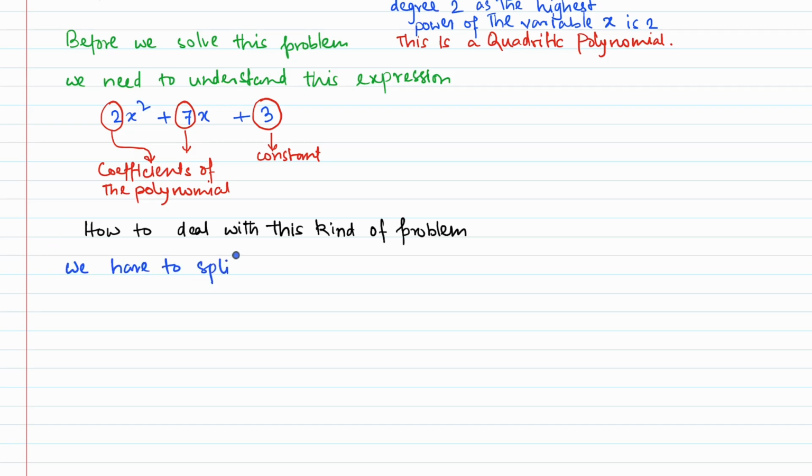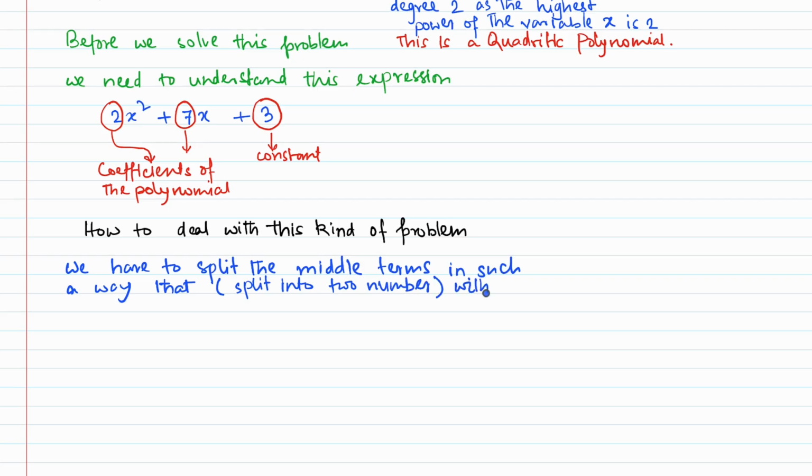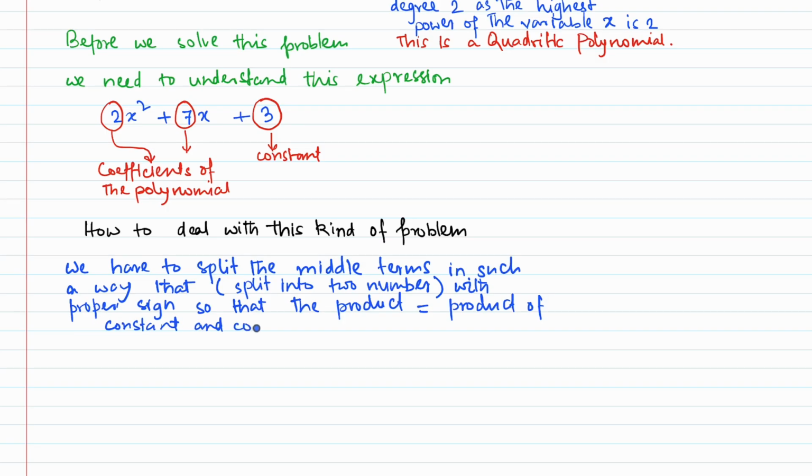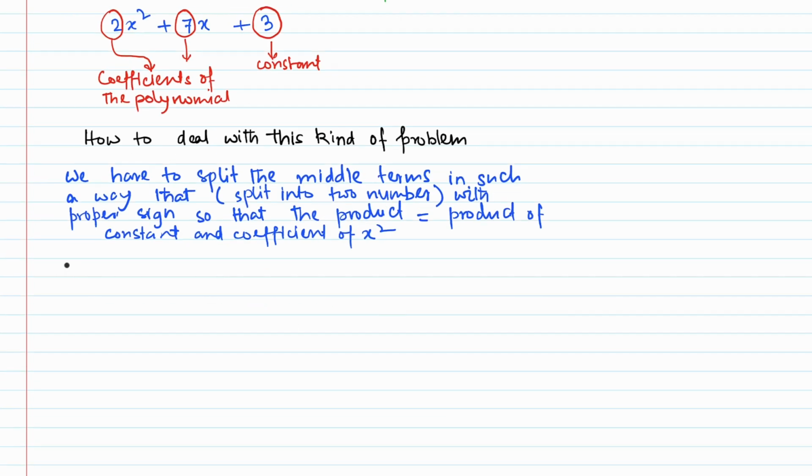So we have to first split the middle term. The middle term means the middle coefficient of the polynomial. Split it into two numbers with proper sign, so that the product of those two numbers will be the product of the constant and the coefficient of x square.